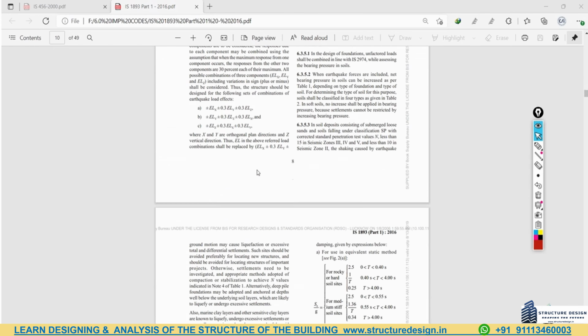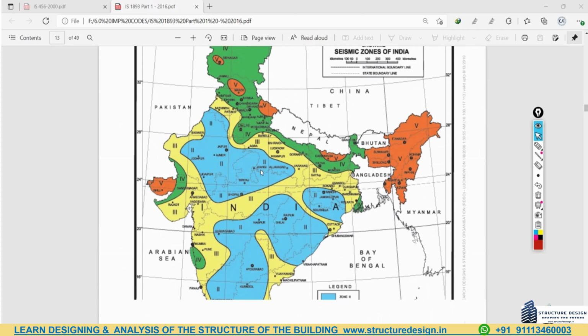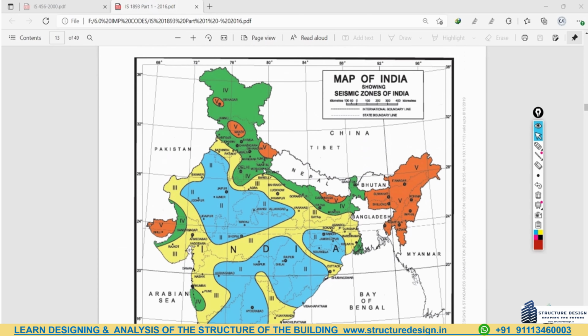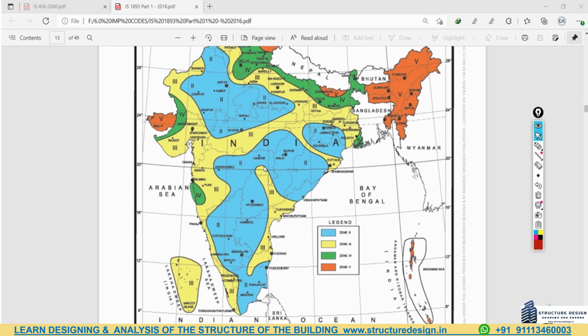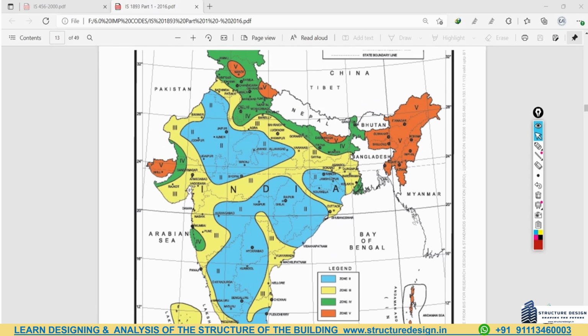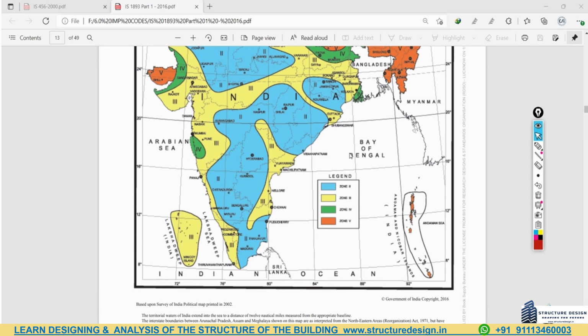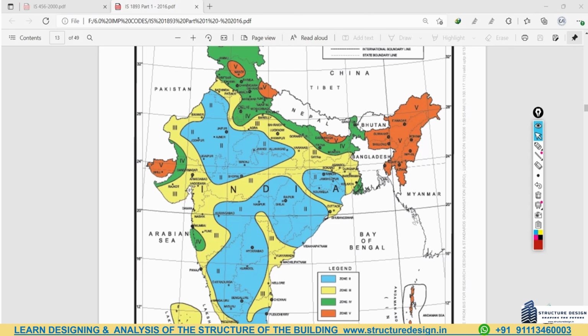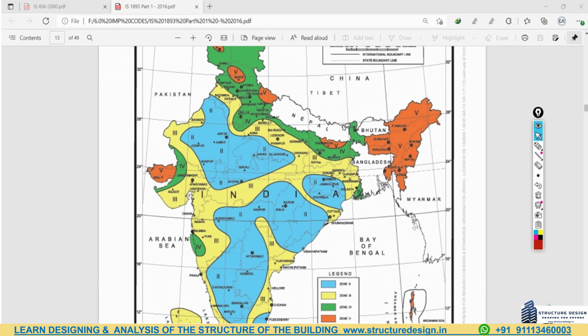Also, if you come to page number 11, you will find a map of India, and in this map you will find the different zones. India has been divided into a total of 4 zones: zone 2, zone 3, zone 4 and zone 5. We are going to study this map in detail later on.